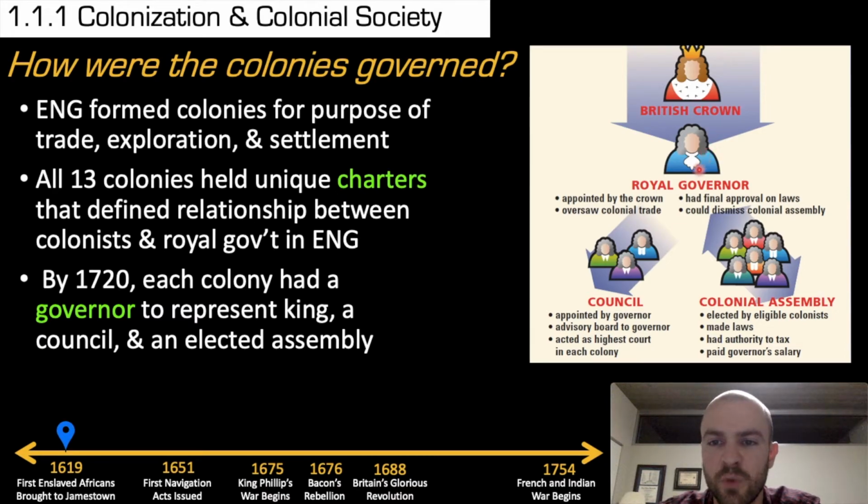The royal governor would have a council that would be appointed by the governor and acted as the highest court in each one of the colonies, and a colonial assembly. These would be elected by eligible colonists. Those eligible colonists were elite white male landowners, so a very, very small portion of society. The colonial assembly made laws, had the authority to tax the colonists, and paid the governor's salary.